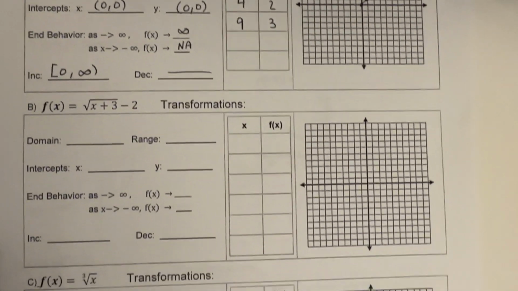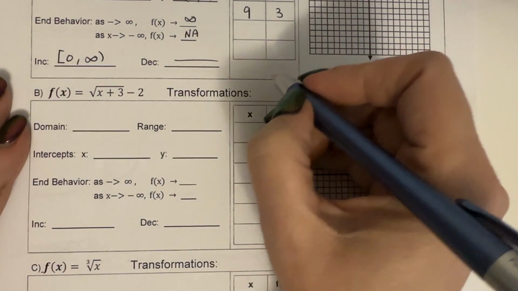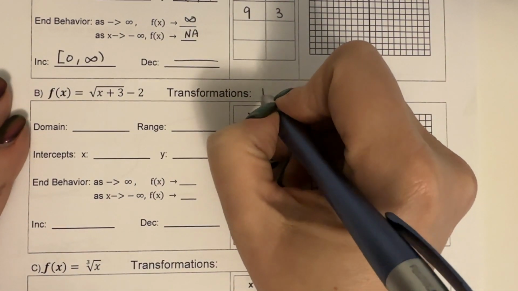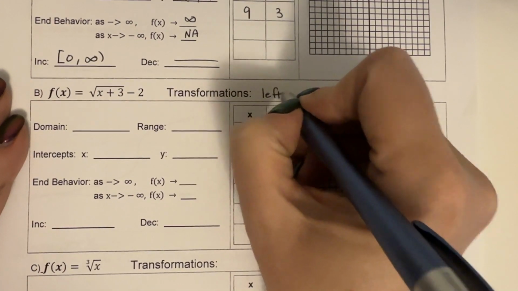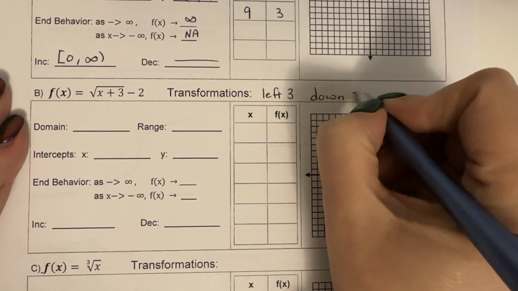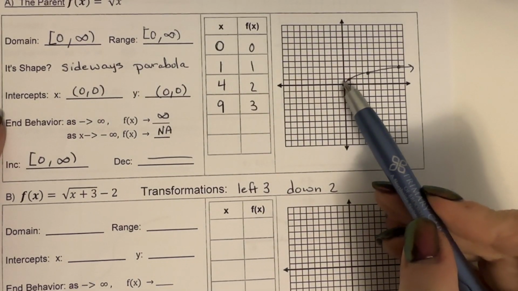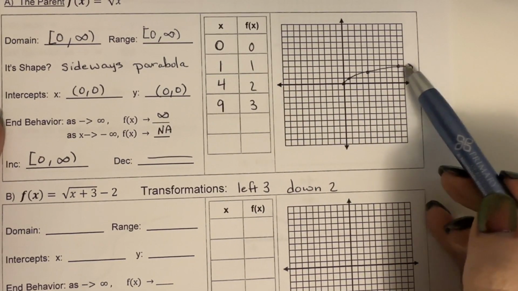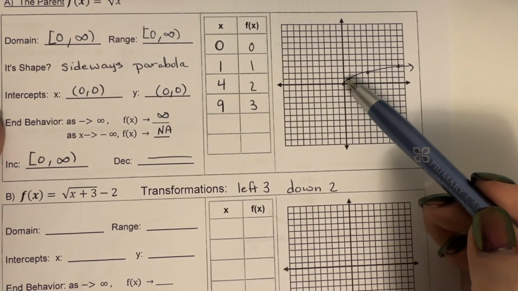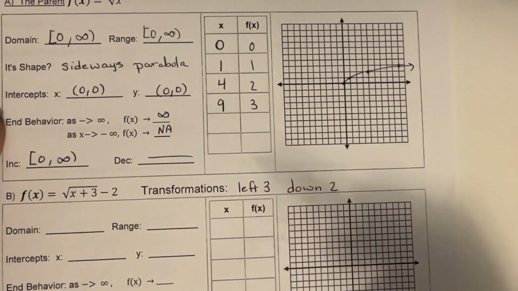Now let's talk transformation. On this particular graph, I have transformed it. It's going to be moving left 3 and down 2. So again, you want to imagine that you've taken this graph and think about the 4 points that we graphed, and we're going to be shifting every one of them 3 to the left and down 2 spots.